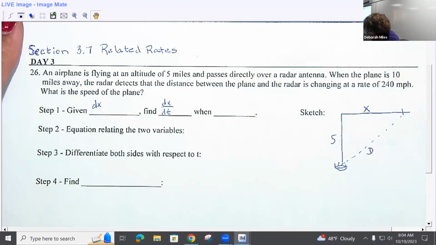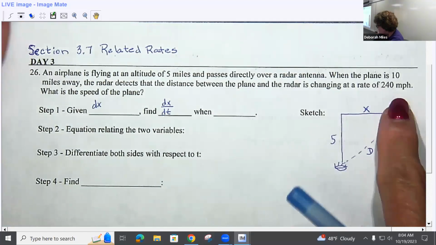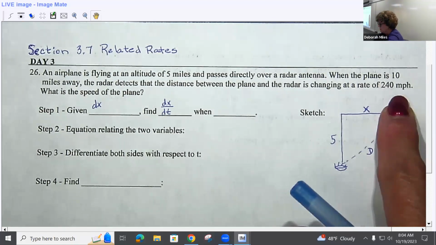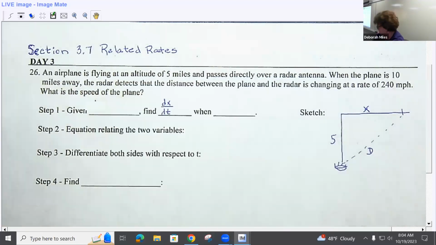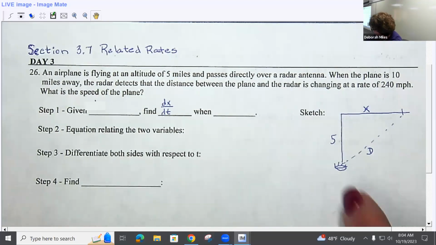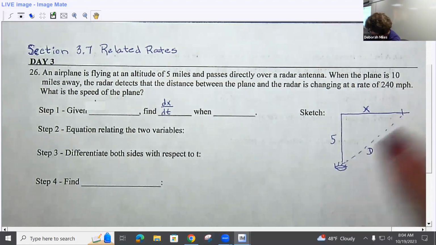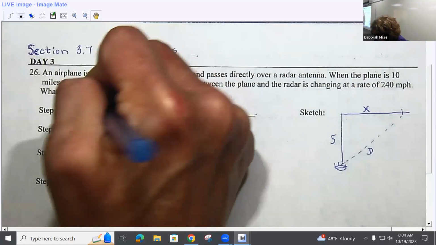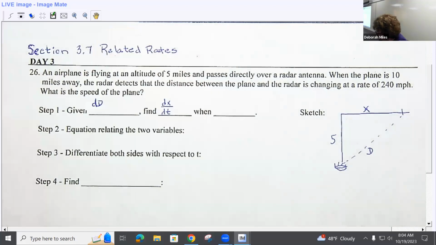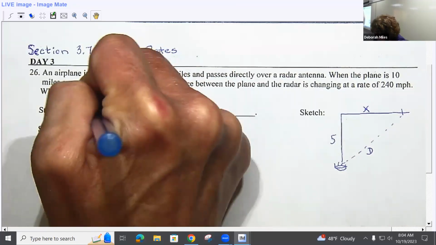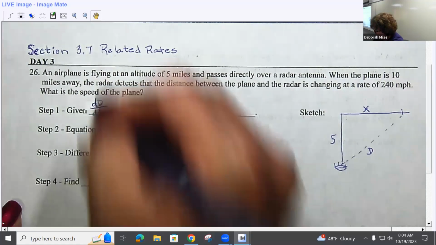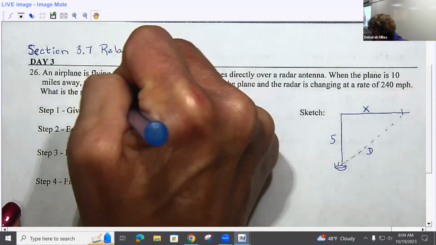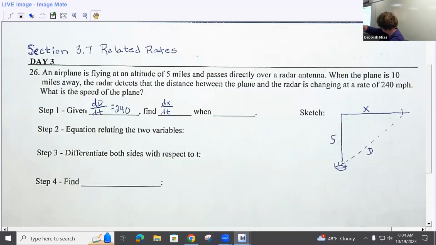And what is that rate of 240 miles an hour? That's big D over dt. All right, that's the change in this distance per hour. So that's d of capital D with respect to t. That's the 240 miles an hour we were given.